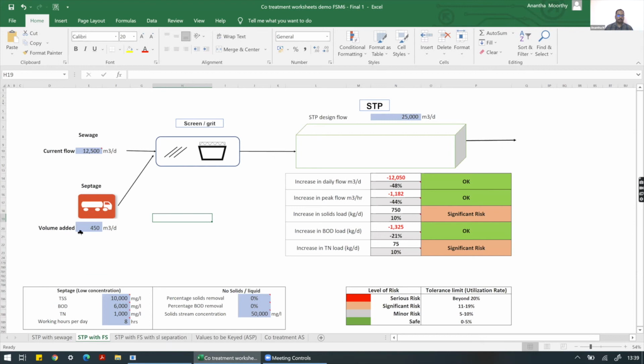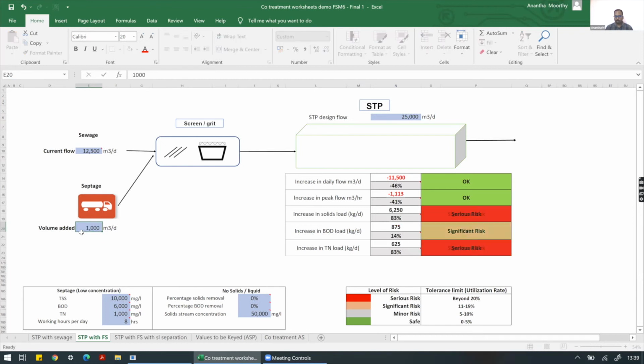Now we look at another component being added, that is, how much FS or septage is going to come from the town, which the STP needs to handle. Here you are given an option to enter the data of however much fecal sludge is estimated from your town.